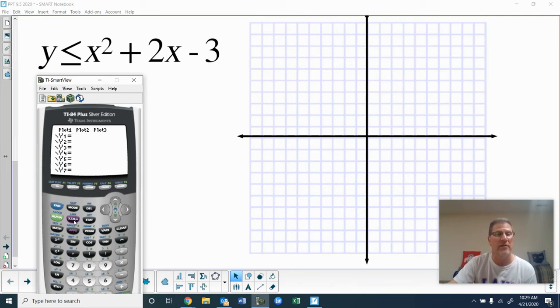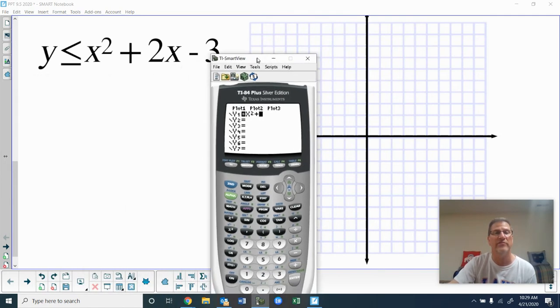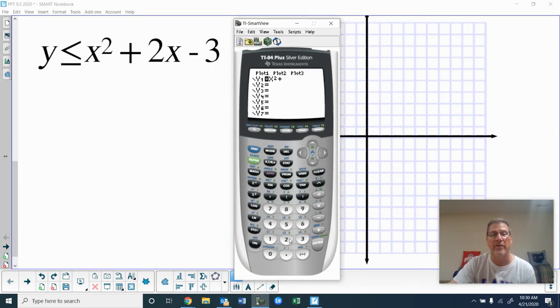So x squared plus, oops, 2 is not there, so I guess I'll move it over for now. 2x minus 3. Hit enter, and then graph.